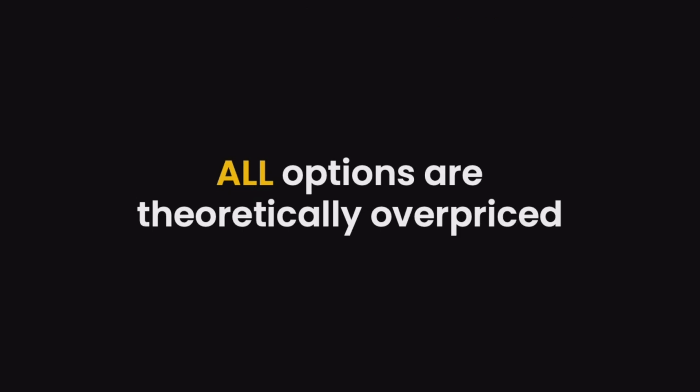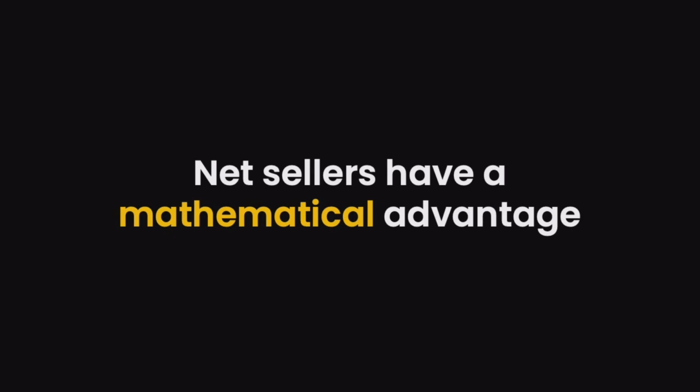As a result, in the long run, all options are theoretically overpriced, to some extent at least. This overpricing occurs because implied volatility is consistently higher than historical or actual volatility. So traders who are net options sellers have a mathematical advantage, meaning they sell options. By selling options more than we buy, we have a distinct and mathematically proven advantage over traders who primarily buy options.